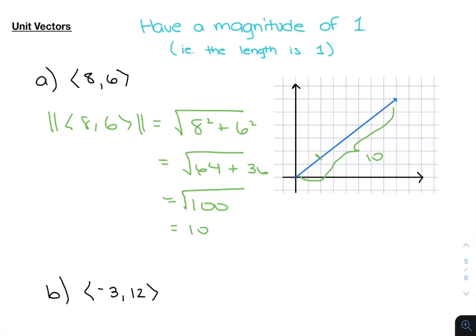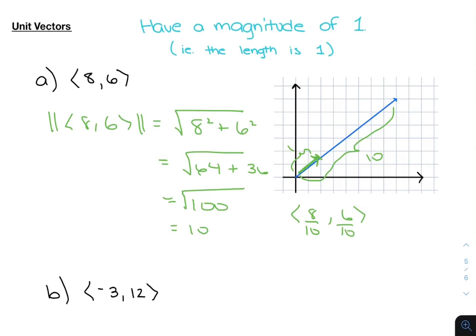This means that this is not a unit vector, but we can find what the unit vector is. The unit vector has to have a length of 1. So we're going to find the vector that has a length of 1. In order to do that, we take the vector 8, 6 and divide each of the components by the magnitude, which was 10.